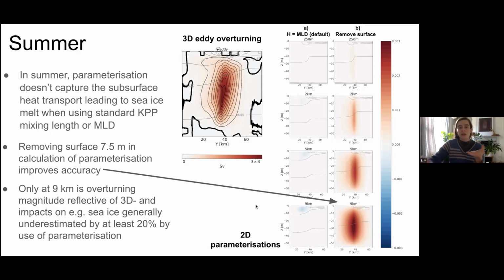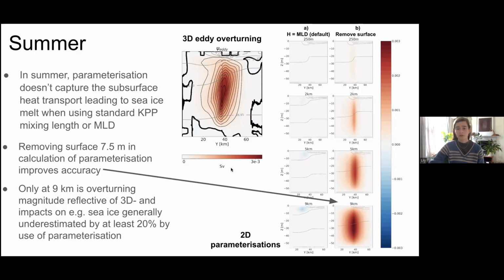That's because in the summer you have freshwater melt, so it's very highly stratified right at the surface, whereas this main bulk eddy overturning that I've seen is because of the more subsurface, but still within the initial mixed layer, temperature gradient. So that's just not captured by using these standard values of mixed layer depth.